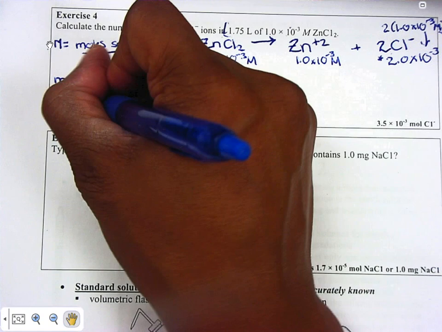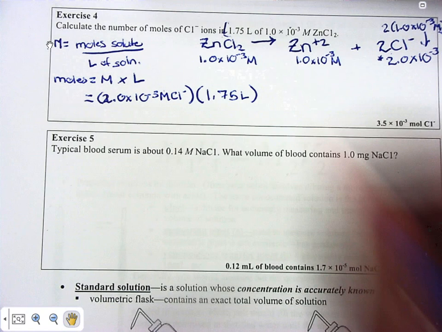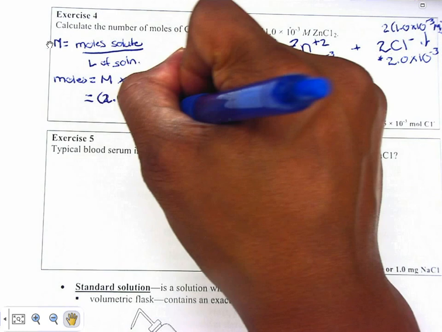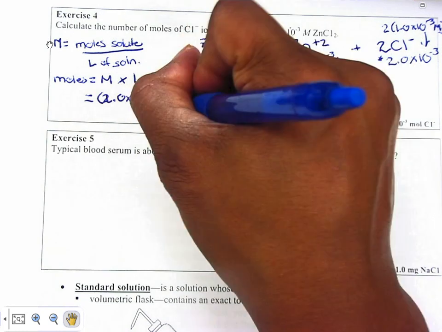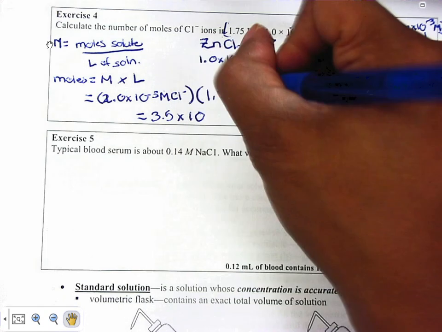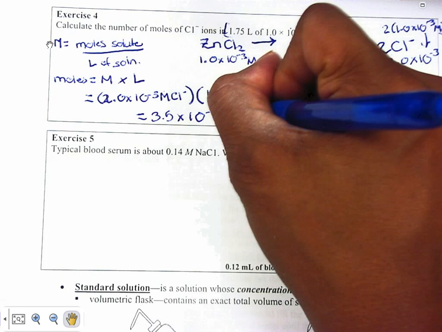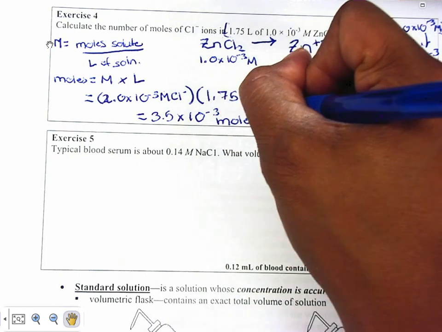And when you multiply those 2 together, you end up getting 3.5 times 10 to the negative 3 moles chloride ion.